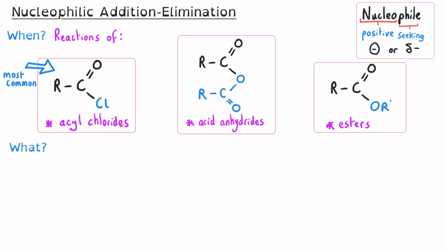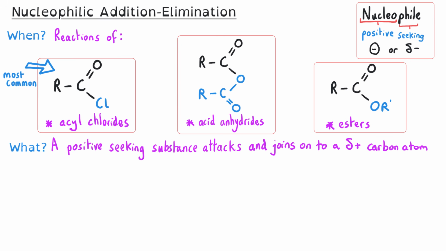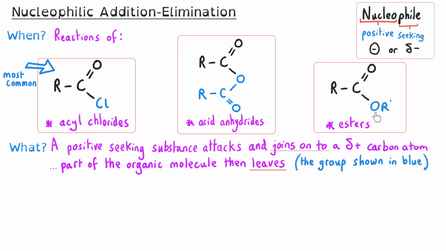What actually happens in a nucleophilic addition-elimination mechanism is a positive-seeking substance, the nucleophile, attacks and joins onto the carbonyl carbon atom, which will be electron deficient. And so this is the addition stage of the mechanism. And then the elimination stage of the mechanism is where part of the original organic molecule then leaves.